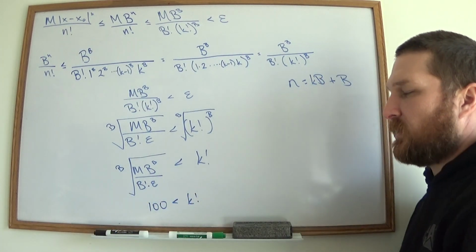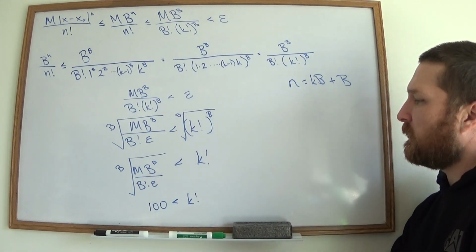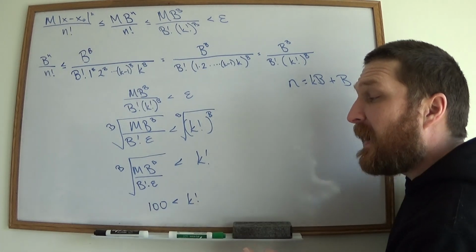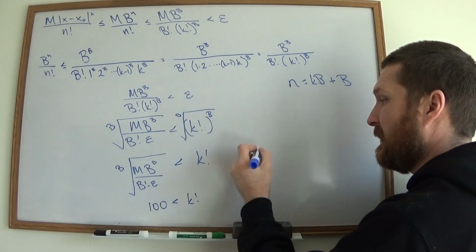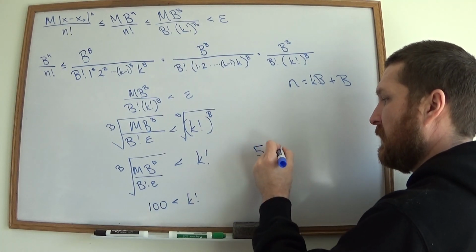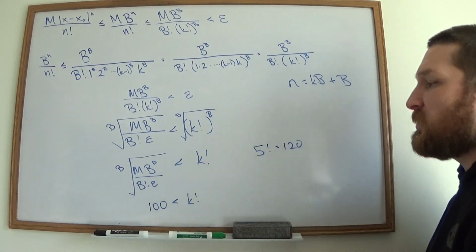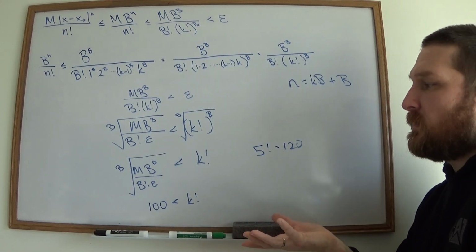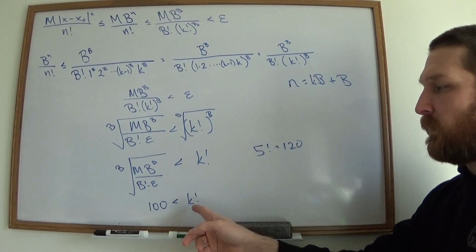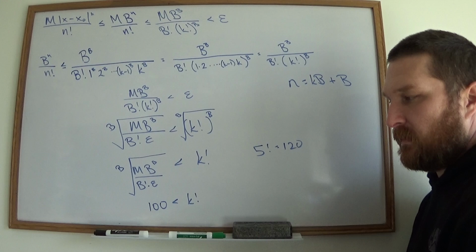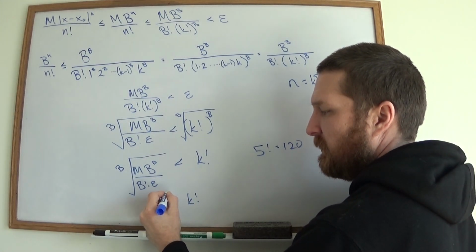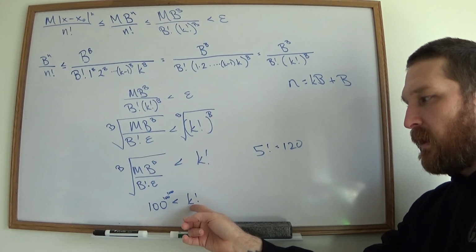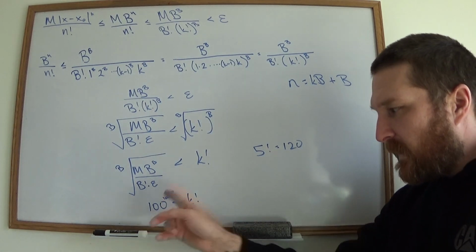Well, then we could find such a k. 1's not going to work, 2's not going to work, 3's not going to work, 4 is 24, but if k is equal to 5, then I believe that's 120, and so you could find it, right? And that's the idea. You could just keep going until you find one that's big enough. It doesn't matter how big this number is. This could be 100 to the 100 to the 100. And eventually, you could take a k big enough so that it is bigger than that number.